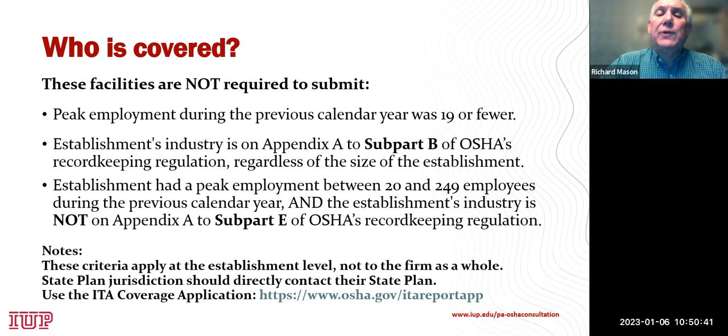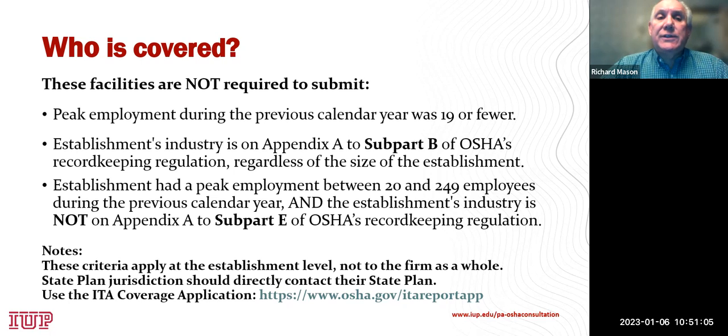Subpart E also has an Appendix A. And if you're not on that Appendix A, then you're not required to report. Now, if you have 250 or more employees and you're not exempt under Appendix A, you're required to report, okay? These criteria apply at the establishment level, not the firm as a whole.